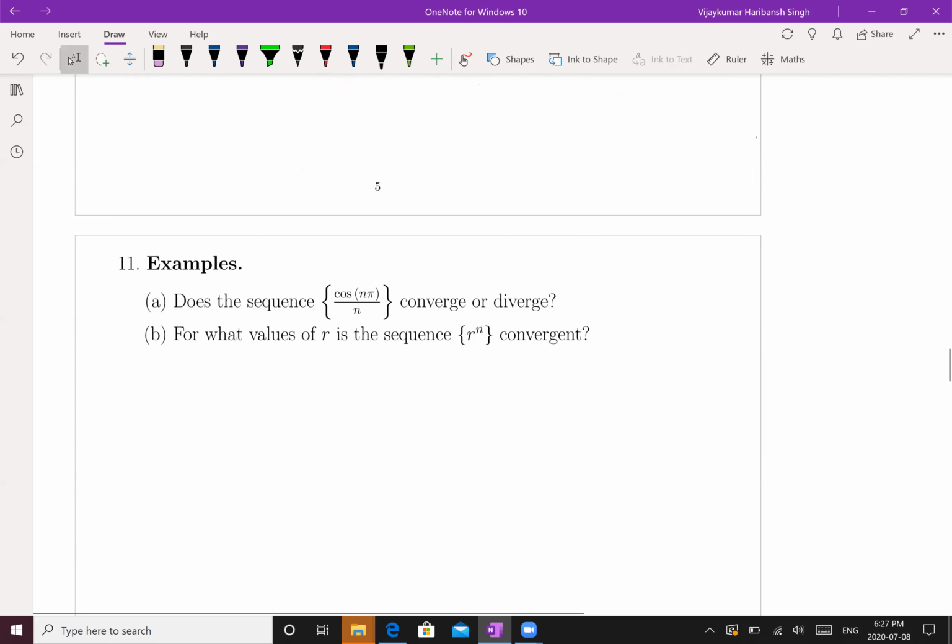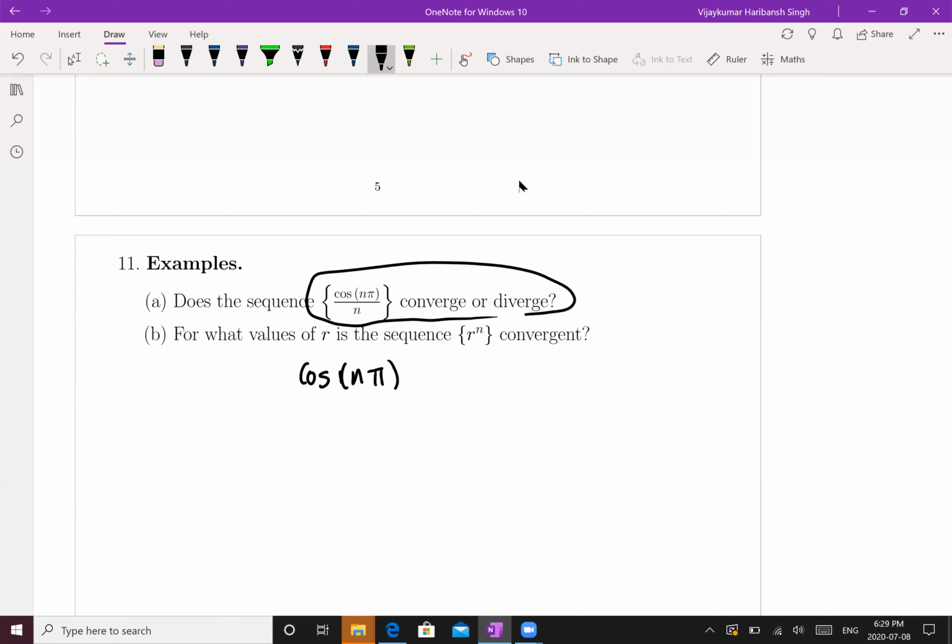Now, next question. Does this sequence converge or diverge? And for what value of r does this sequence converge? Can you basically look at it, please? So notice that cos n pi, the values are between minus 1 and 1.